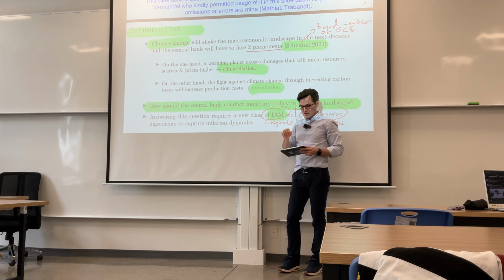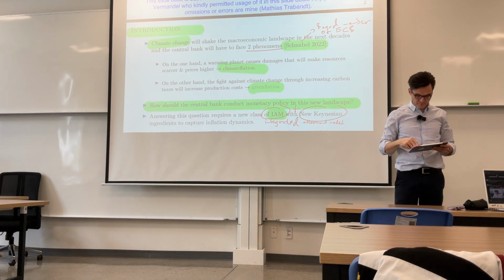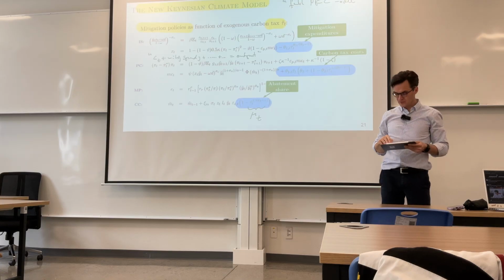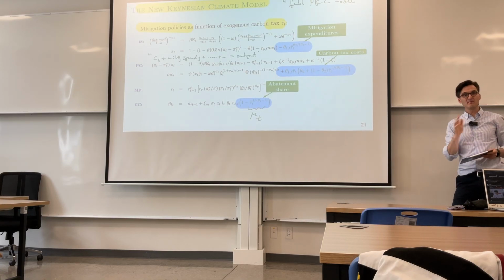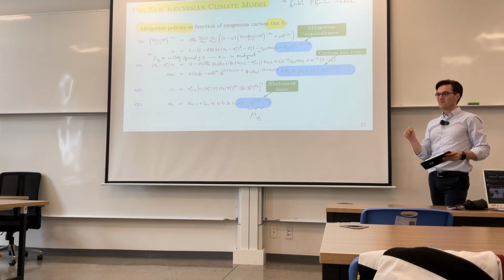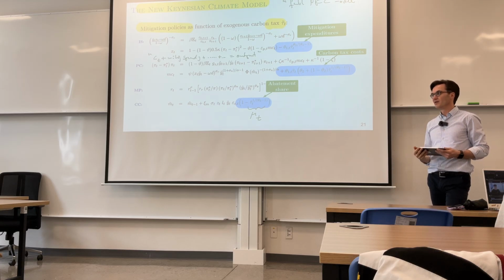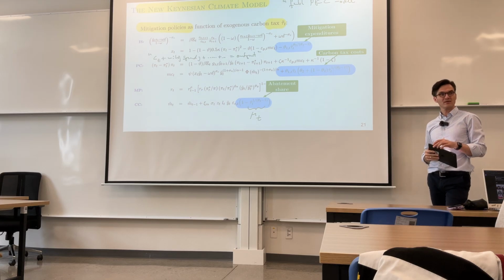Given the full New Keynesian climate model that we just developed, where would you identify, and maybe give other people a chance to answer that question, where would you identify the greenflation channel of climate change in this version of the model? Somebody think about that. Where would you think greenflation is going to show up?